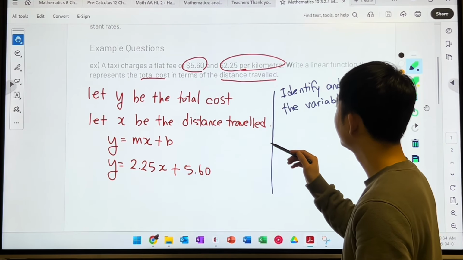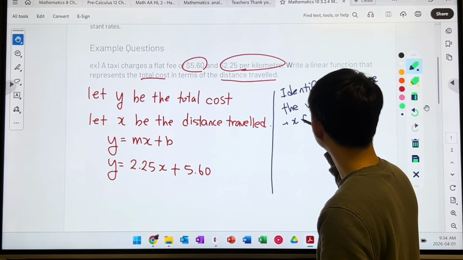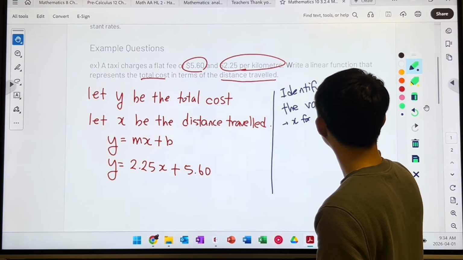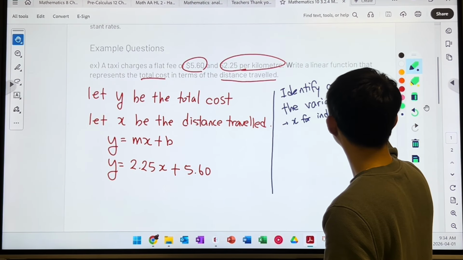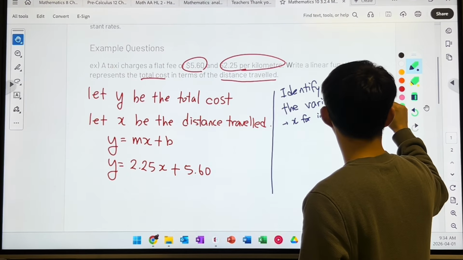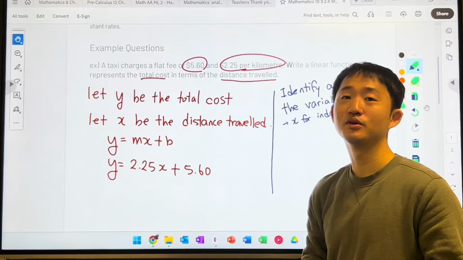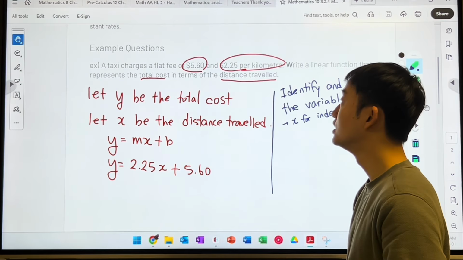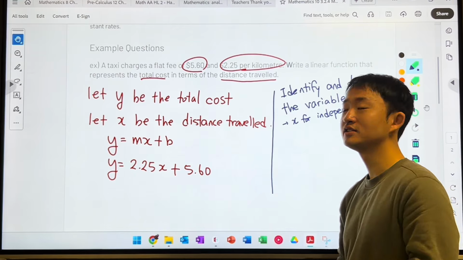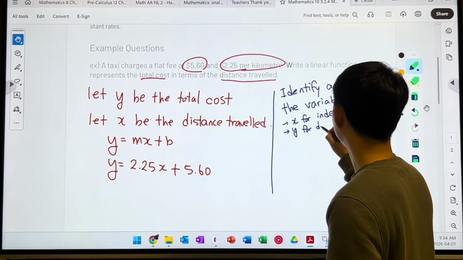And x is usually used for the independent variable. The independent variable is the variable that you change. So in this case, you change the distance, and the cost changes because of that. So y is for the dependent variable.